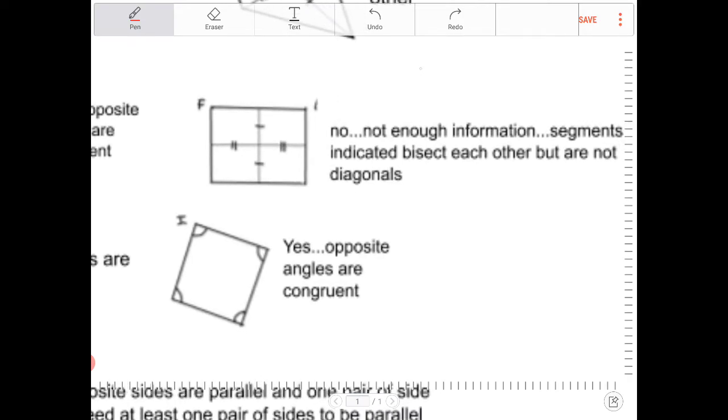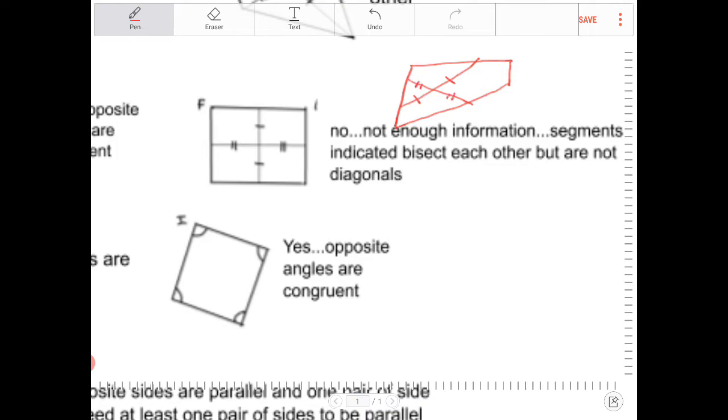If anything, what could have happened is something like this could have been drawn. Hold on. So something like this, where just some random segment, where these are the same and these are the same, right?